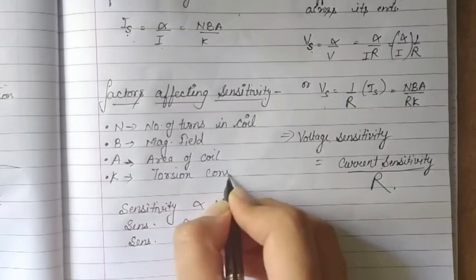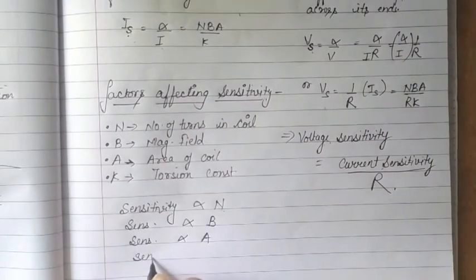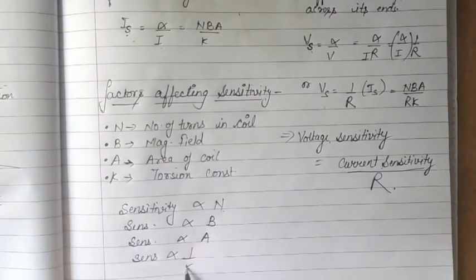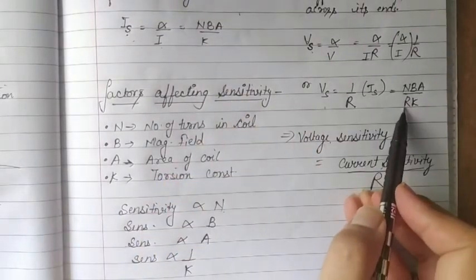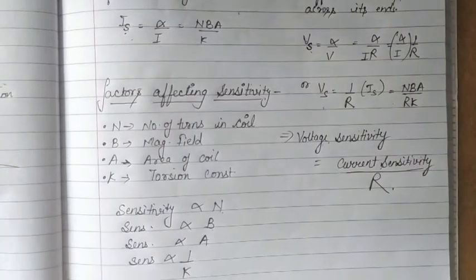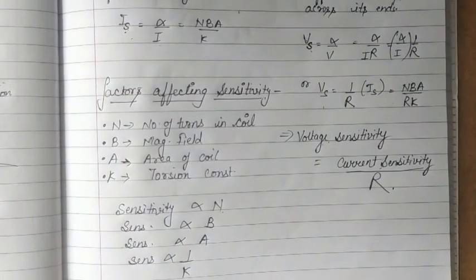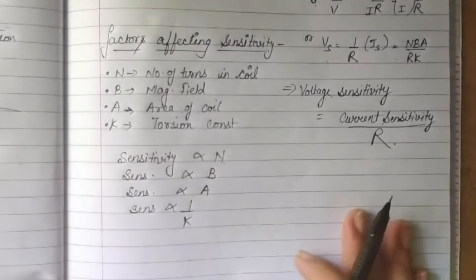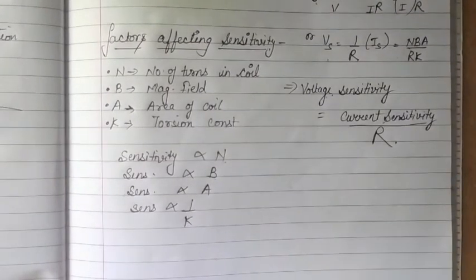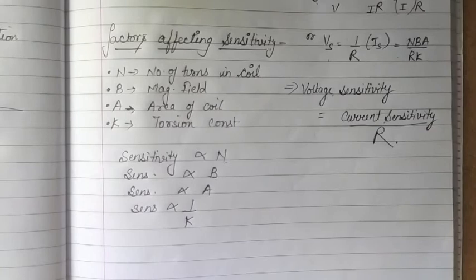Torsion constant, which is inversely proportional to the sensitivity. If we see the formula in both cases of current sensitivity and voltage sensitivity, it is inversely proportional to the torsion constant K. That means by decreasing the value of torsion constant K, we can increase the sensitivity of a moving coil galvanometer.